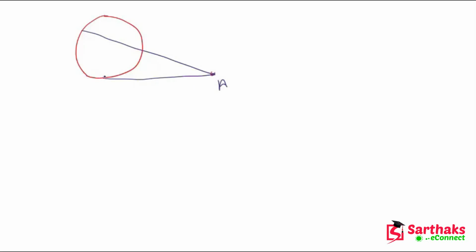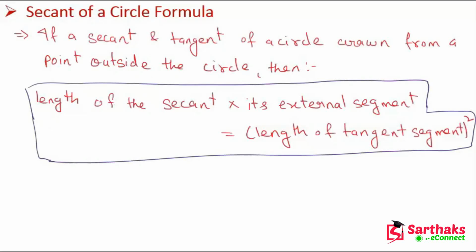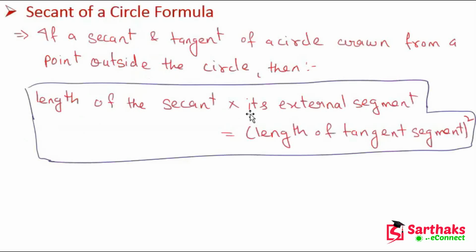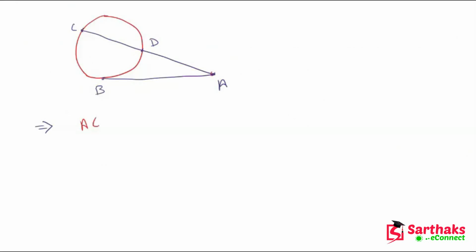This is A, this point is B, this point is C, and this point is D. And the formula of secant is, length of the secant, which is AC, multiplied by its external segment, which is AD, is equal to the length of tangent squared, meaning AB square.